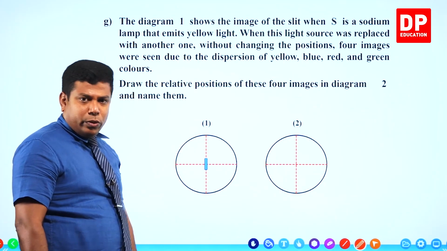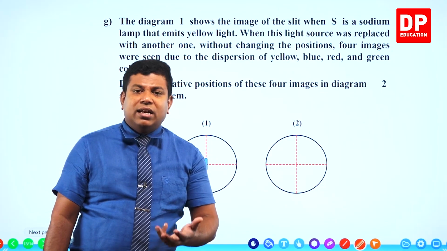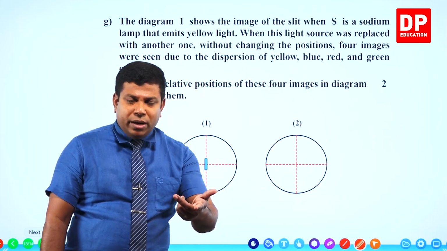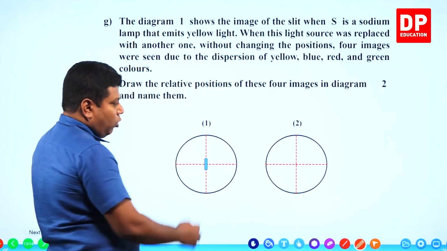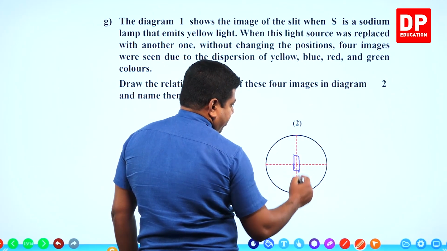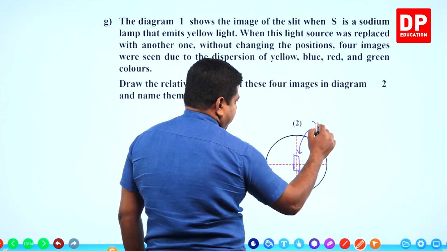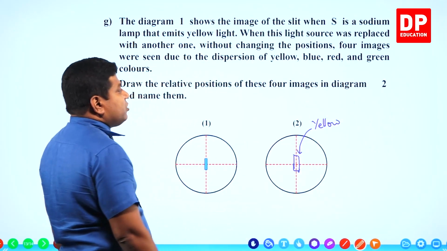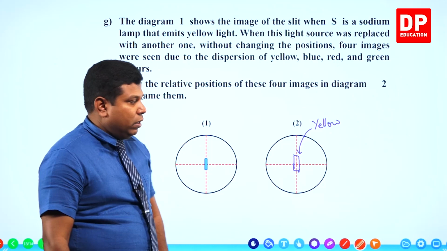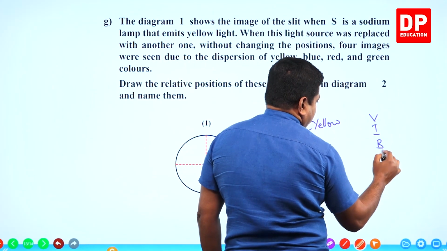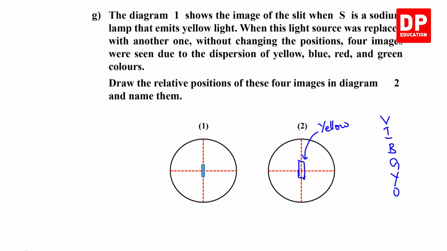If we are not using a monocolor, single color light source, there will be a spectrum, there will be dispersion of components. Since yellow was already here, even now yellow should be here. The problem is, where would the others be? Blue, red and green. You know the order: VIBGYOR.